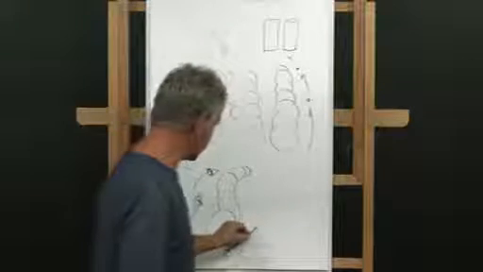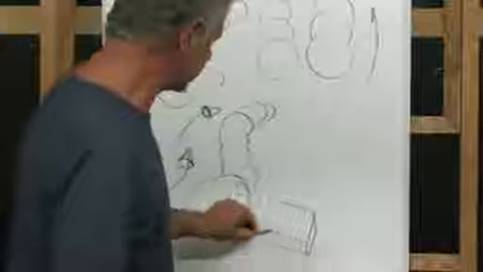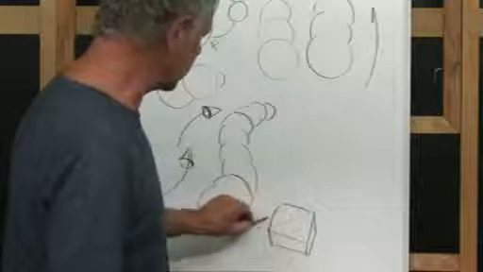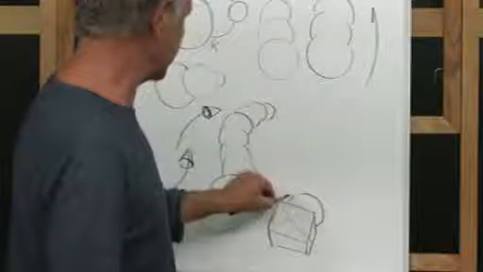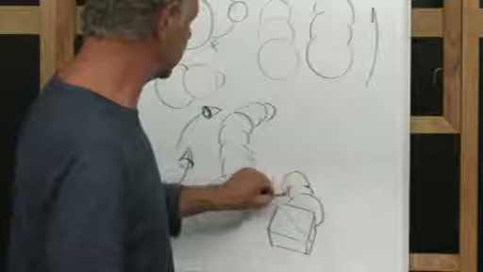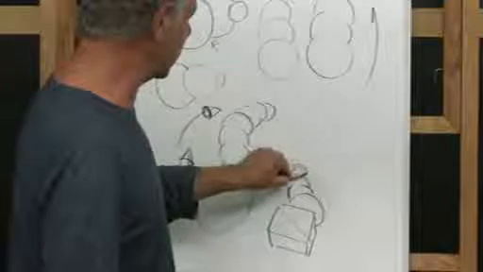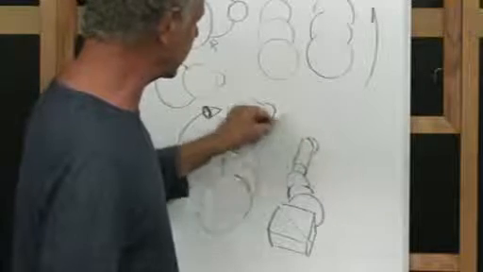But it could just as easily be, say, something like this. Here's the top surface. Against something like this. Against maybe something like this. And maybe even something like this. Something like this.